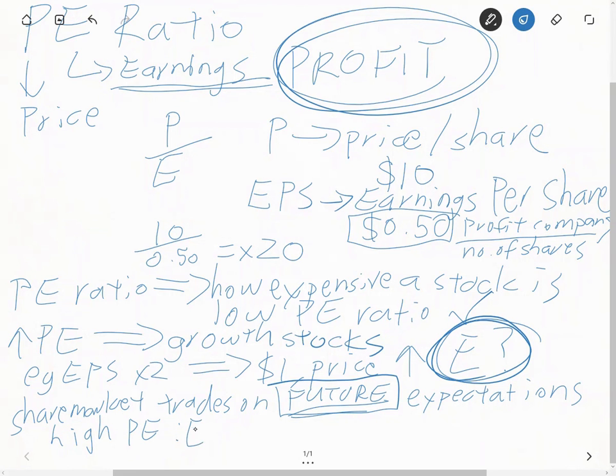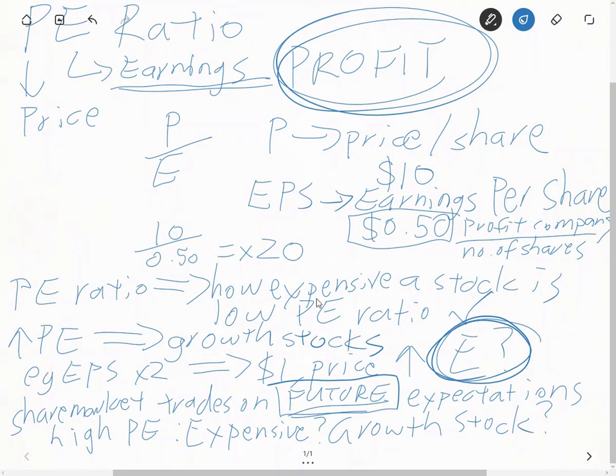It can mean that the stock is expensive, which is bad, like we talked about before. Or it can mean that it's a growth stock. In other words, it has a high PE ratio because people think that its earnings are going to grow.